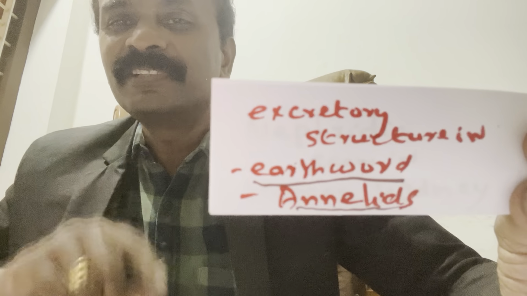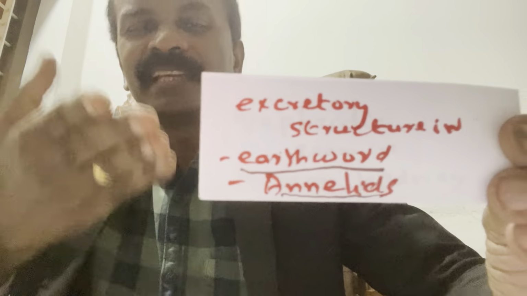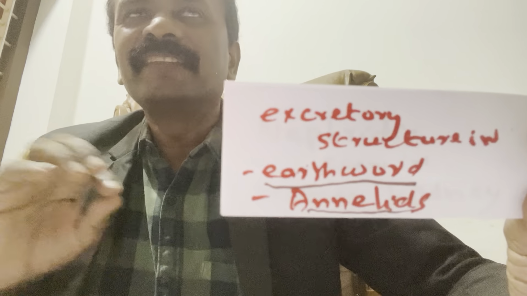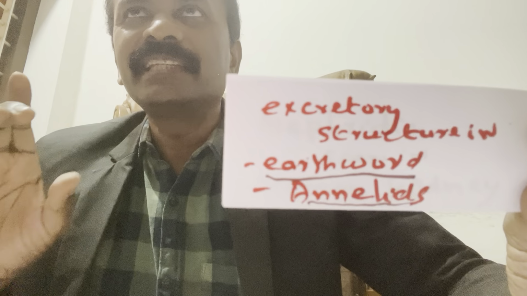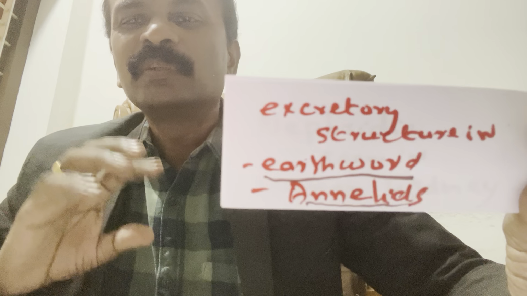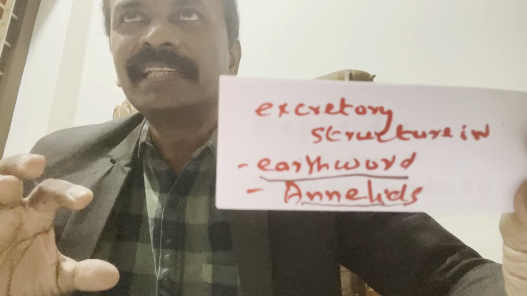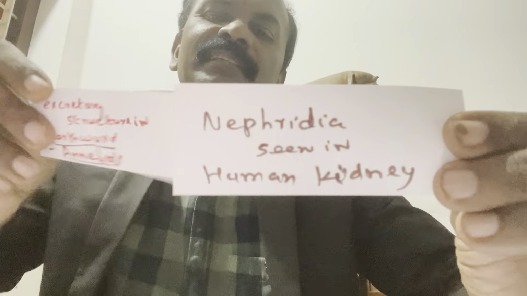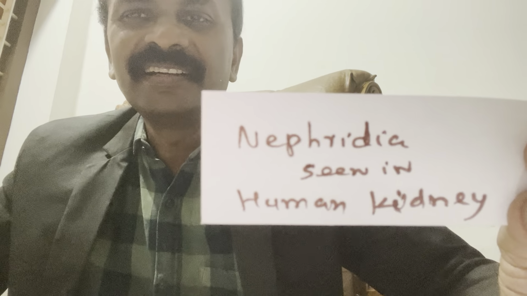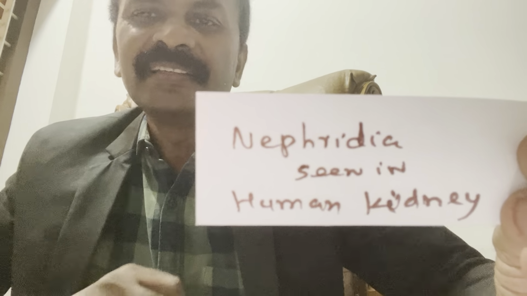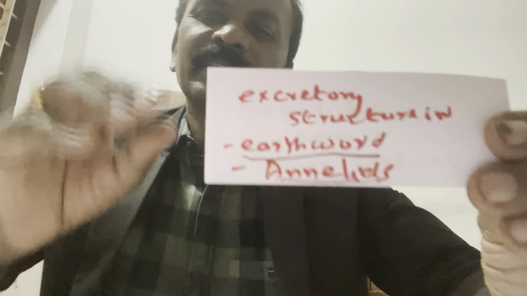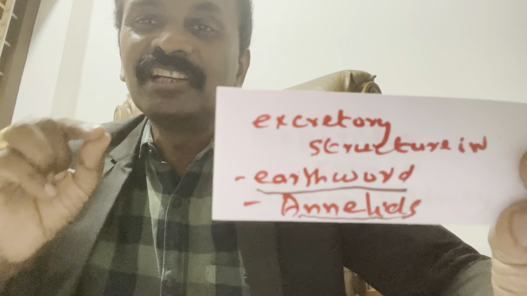Be very careful. Or they can ask like this. Which is the excretory organ in earthworm? Which is the excretory organ in annelids? That time you must answer Nephridia. That is why I am telling you. This is a world class video.